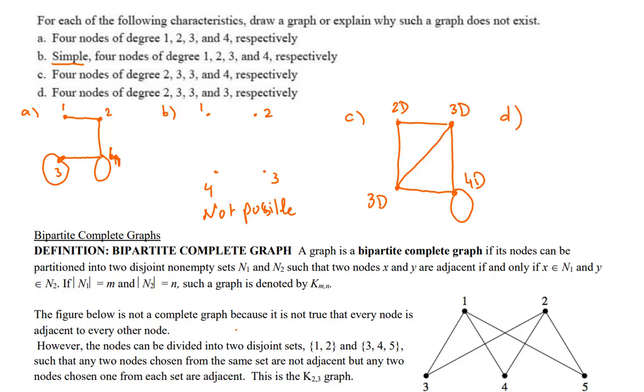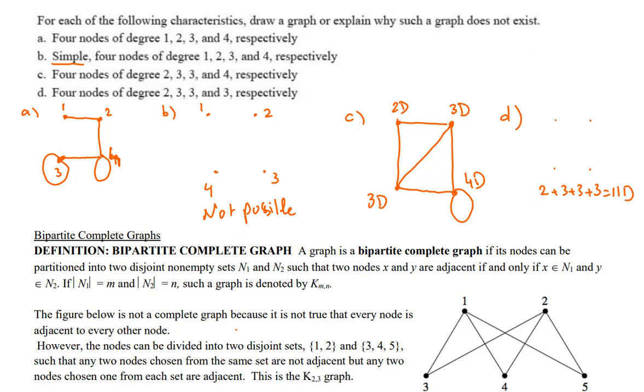And for D, let's see. We want 4 nodes of degree 2, 3, 3, and 3 respectively. So we see that this is impossible. If you count all the degrees, we have 2 plus 3 plus 3 plus 3, we get 11 degrees.